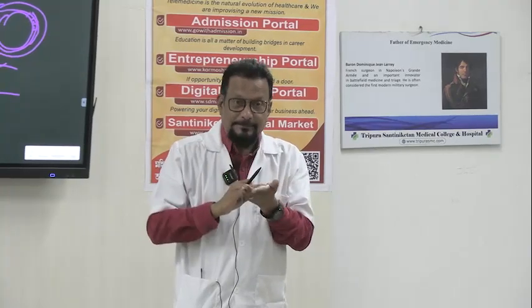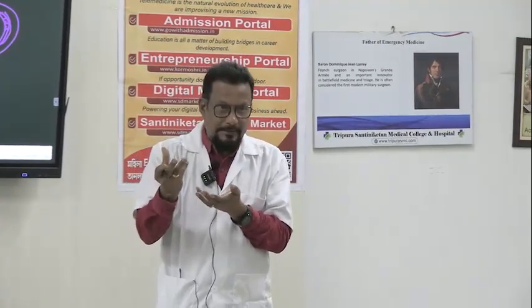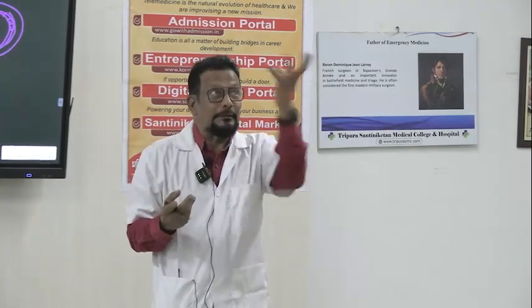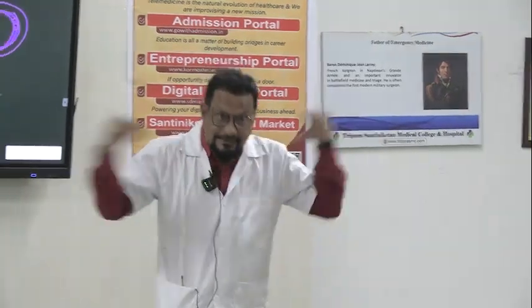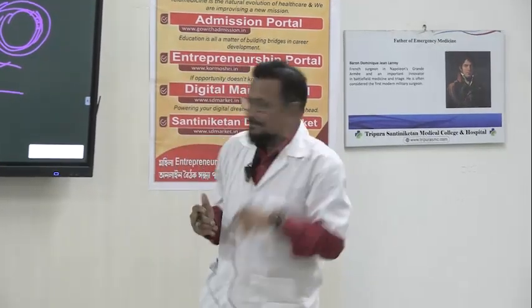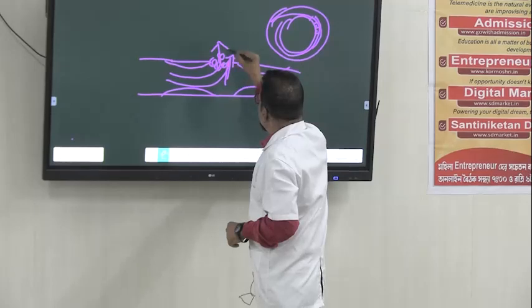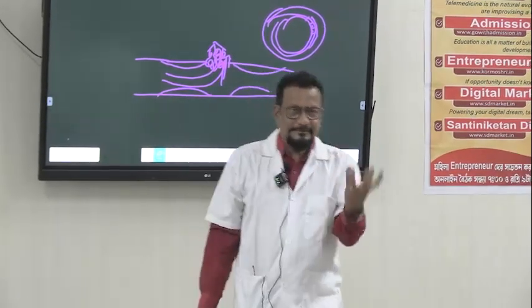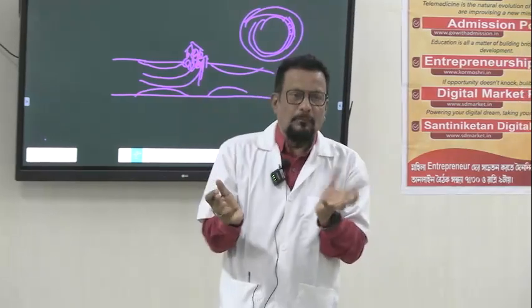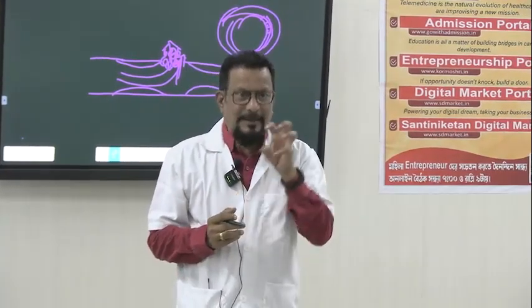Okay, and at the same time they will liberate from the granules some ADP, so that will attract other platelets to adhere and aggregate there. As a result, there will be aggregation of so many platelets here, and these platelets will form a plug. This is the temporary platelet plug.